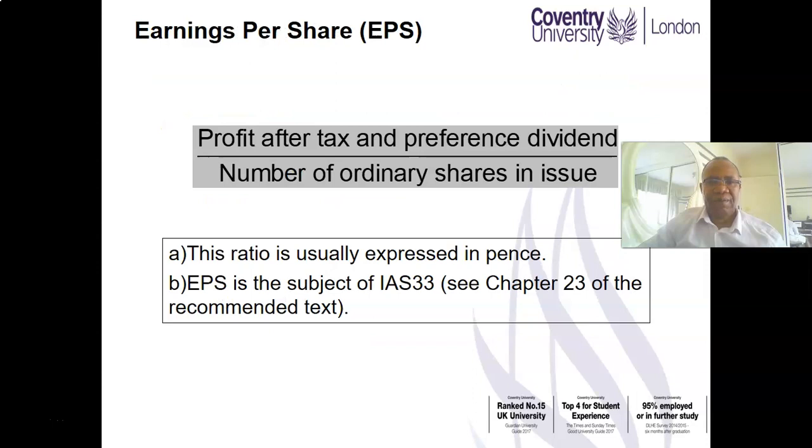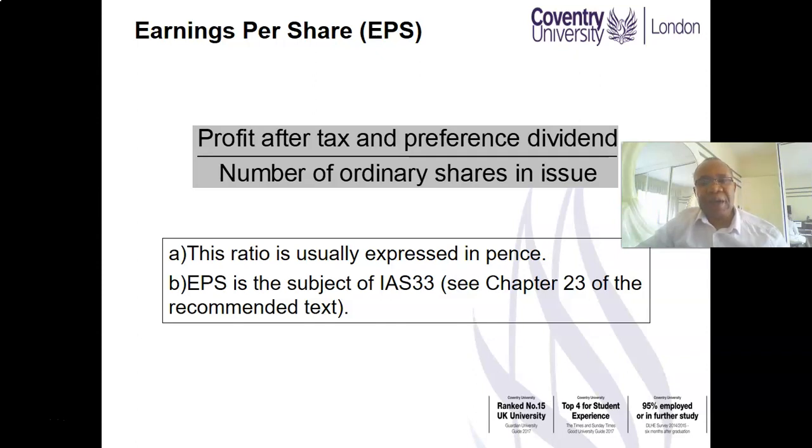Earnings per share. The earnings per share is profit after tax, after preference dividends. Again, this is profits attributable to equity shareholders, to ordinary shareholders. So the profit after tax, after preference dividends, you divide that by the number of ordinary shares in issue by the company.